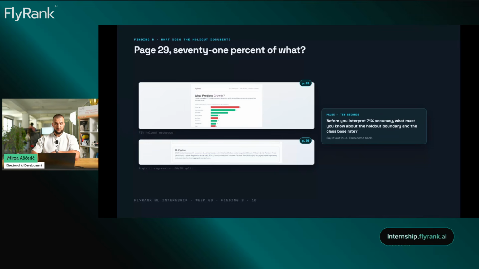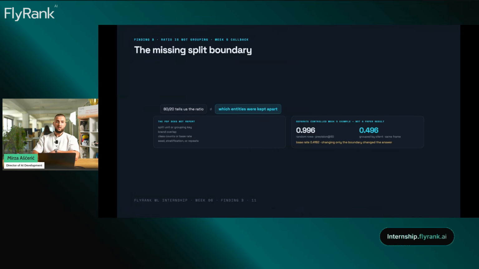The paper talks about 57 brands, but it doesn't say if all 57 were used there. So before you think about what 71% means, what do you need to know about how the test was done, and how many good things there were at the start? And there is a special line missing.